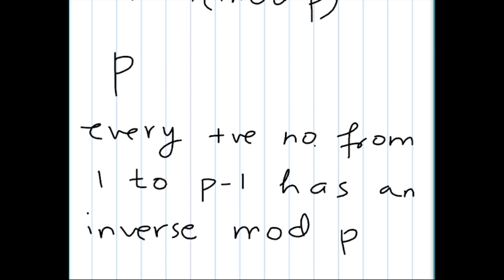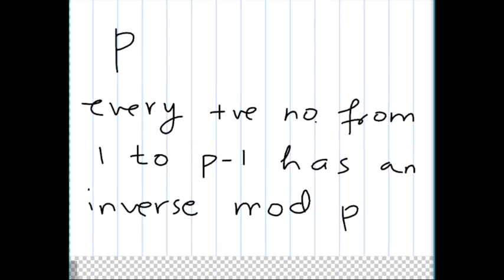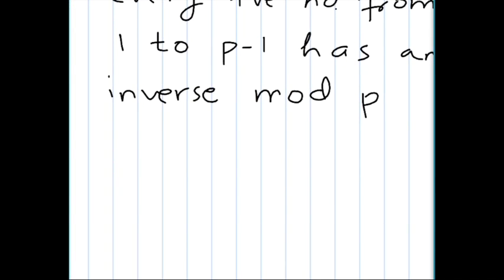Now every number from 1 to p minus 1 has an inverse modulo p. Now the question is whether that inverse is unique or not. We already know that the inverse of a number is always unique, but sometimes the inverse of a number is the number itself.